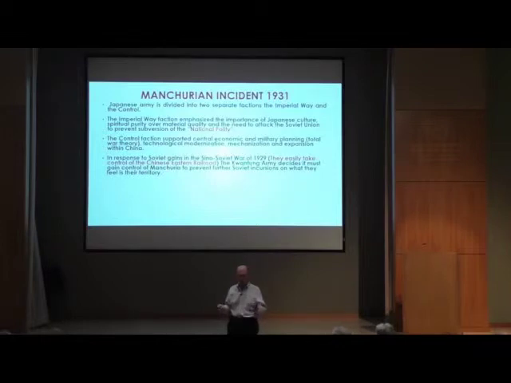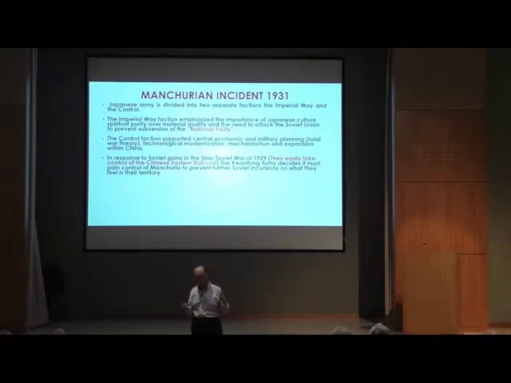It wasn't great, but they didn't think the Red Army would crush it the way they did. And they take control of the CER, the Chinese Eastern Railroad, and they create a thing called the Mongolian People's Republic. So in other words, there's a Mongolian puppet state that is controlled by the Soviets.